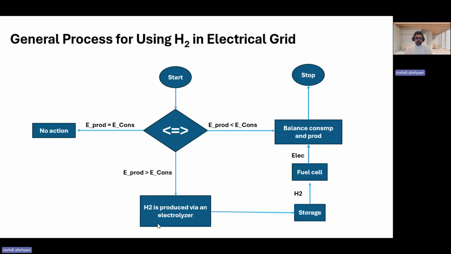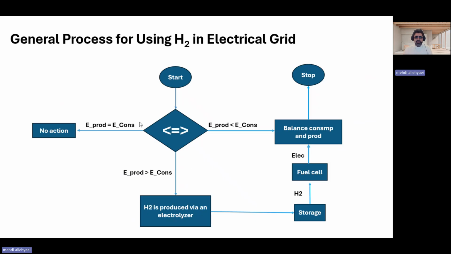Now we take a look at this flowchart about the general process for using H2 in the electrical grid. We start, for example, with electrical production being more than electrical consumption. So H2 is produced via an electrolyzer. After that, the H2 is stored.